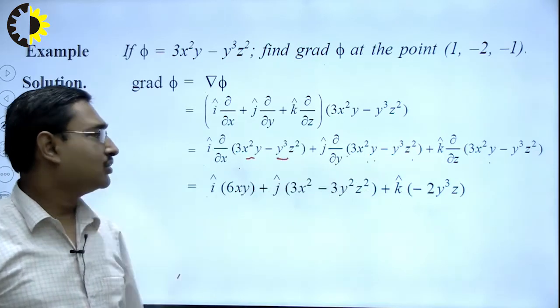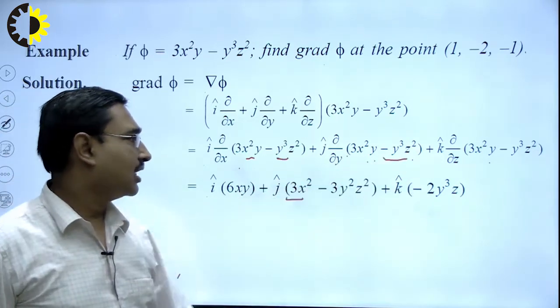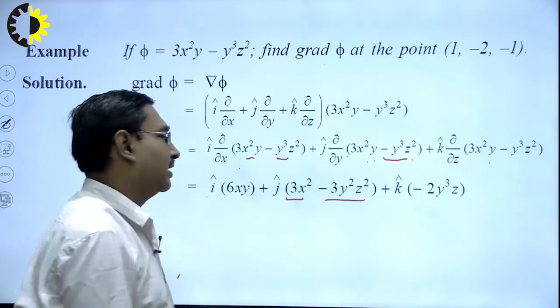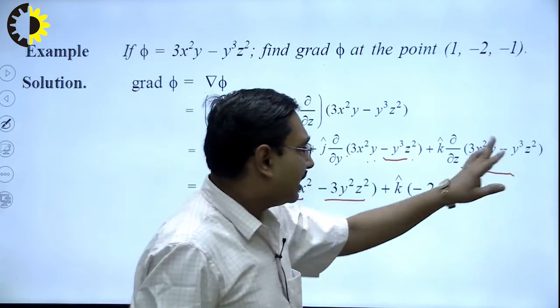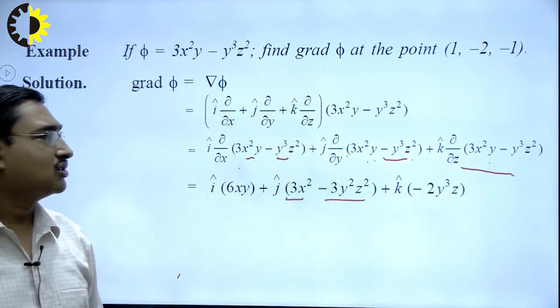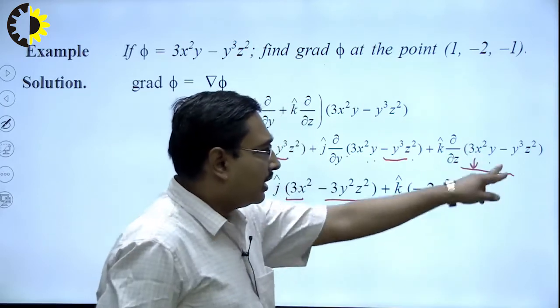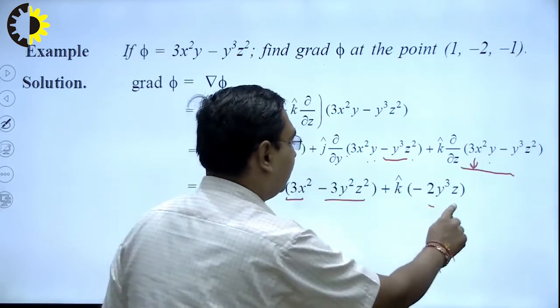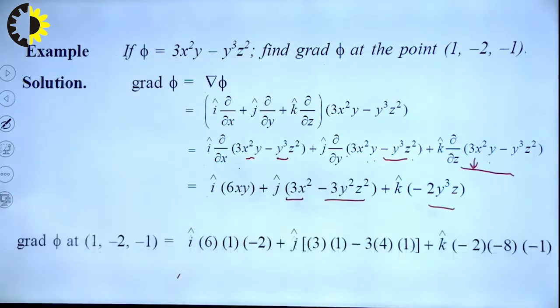Derivative of 3x²y is 3x² and derivative of the next term will be minus 3y², z² is constant. From the third term x and y will be taken as constant and therefore the first two terms will be 0 and derivative of the last will give simply minus 2z. This is the expression of gradient of phi.